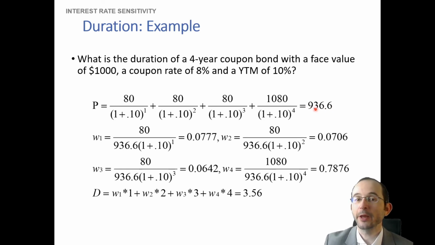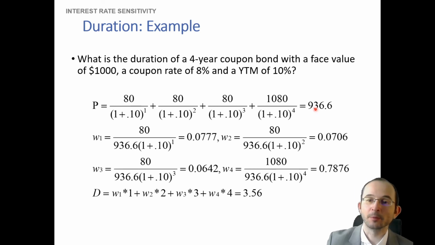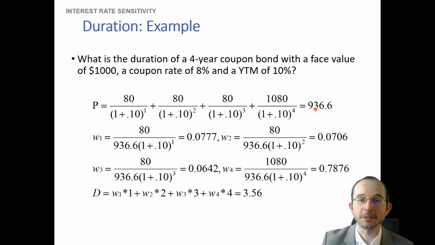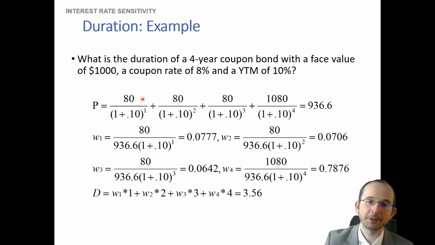Now, what is the duration of this bond? Remember, since the duration essentially weights maturities by the proportion of each cash flow relative to the total value of the bond, that means that we need this present value of the bond, its price, as an input. So what are these 4 weights? We're going to weight the year 1 by the proportion of the year 1 cash flow relative to the total.